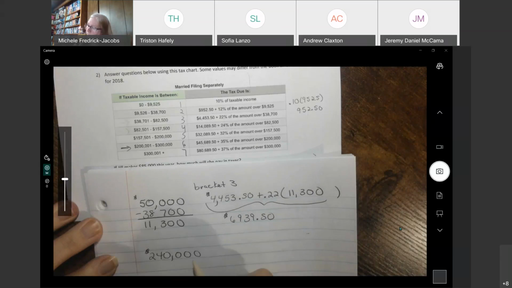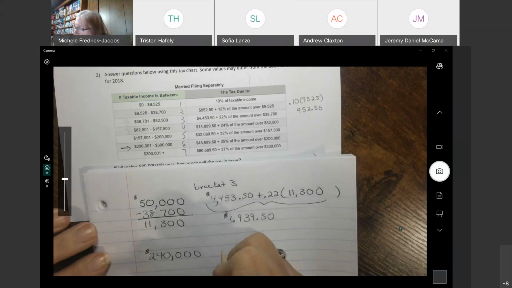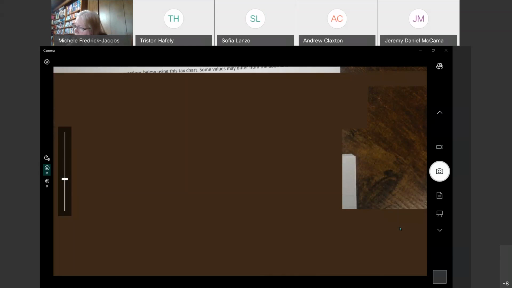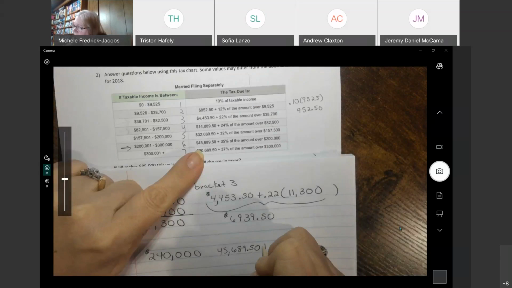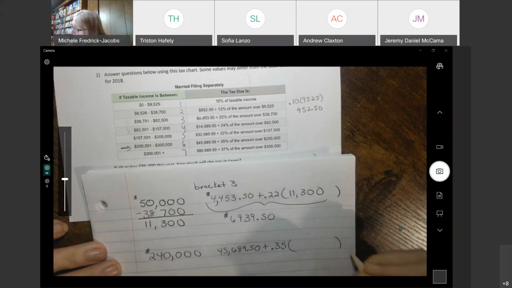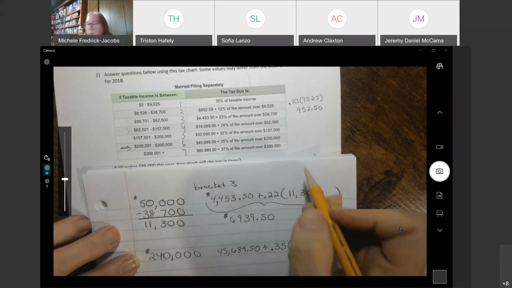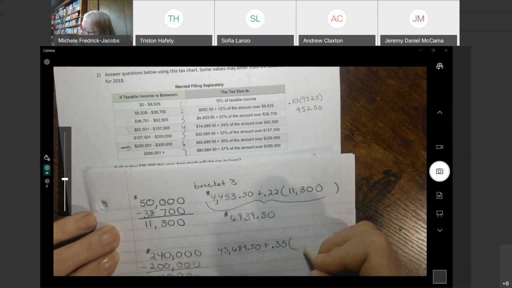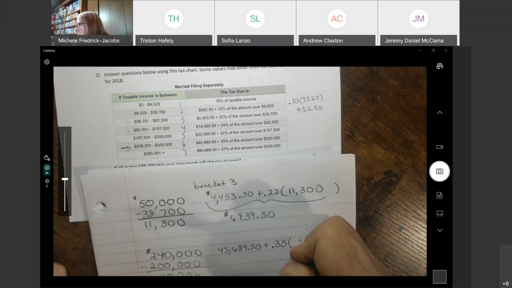Okay, so we said it was the 6th bracket, which means $45,689.50 plus 35% of the amount over 200,000. So we're paying 35% on the 40,000.